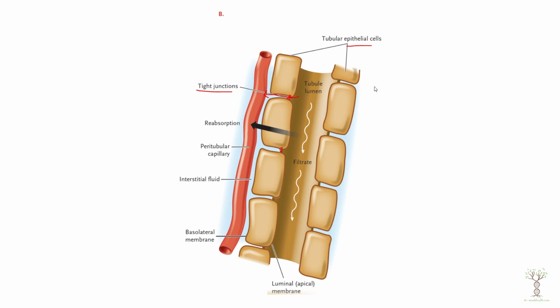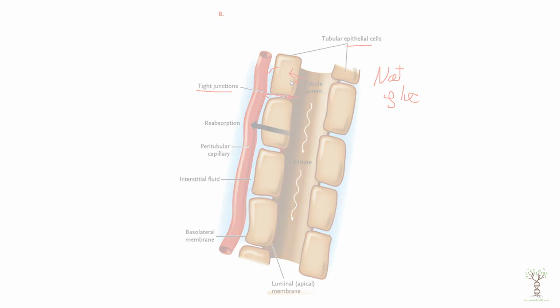Everything else, like our ions, so sodium ions and our glucose molecules, those substances have to go through the epithelial cells. And they're going to go through these epithelial cells with membrane proteins. There's proteins on these membranes that help to transport substances.